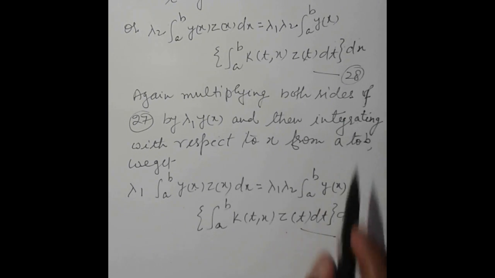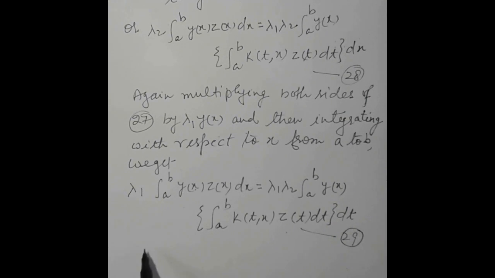Now from 28 and 29 we obtain lambda 2, the integral from a to b y(x) z(x) dx is equal to lambda 1, the integral from a to b y(x) z(x) dx.